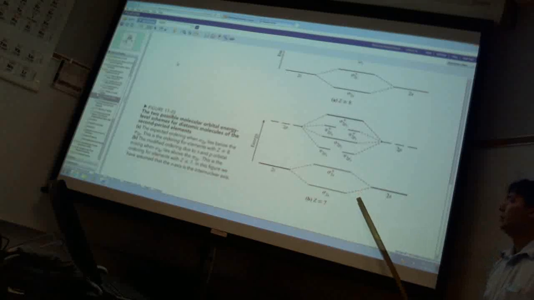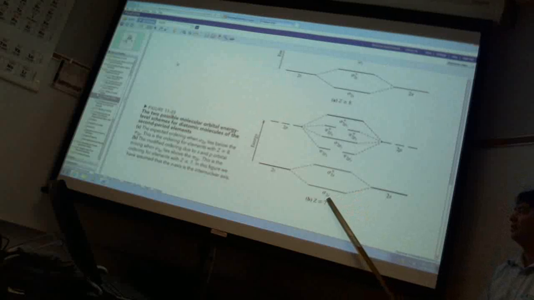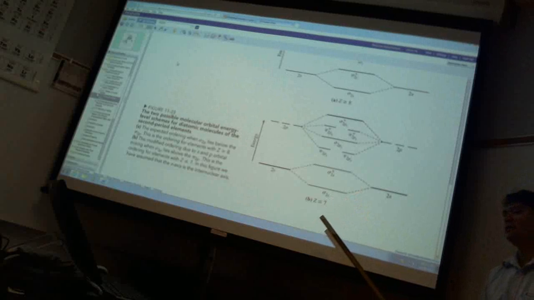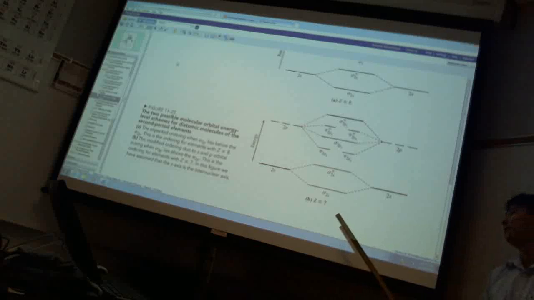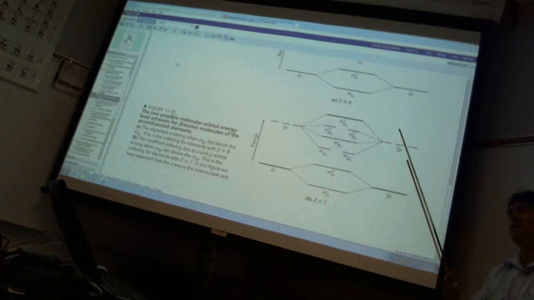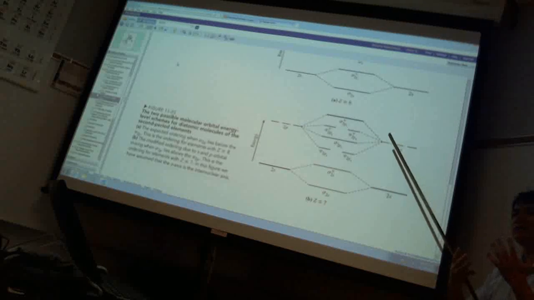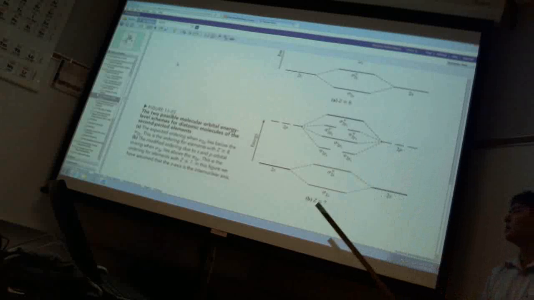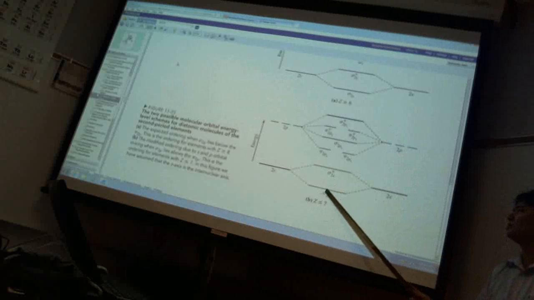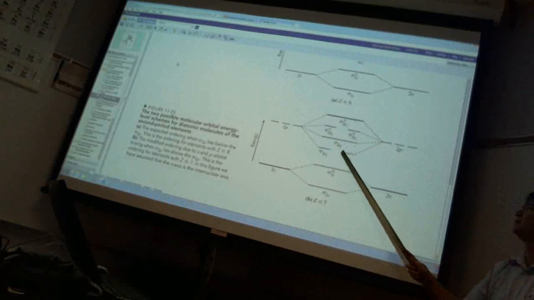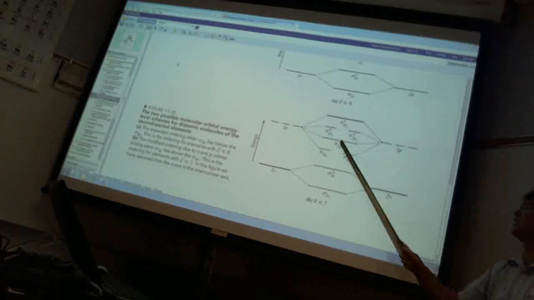Okay. Look, this will be another heteronuclear one. Cyanide is a lot easier because both carbon and nitrogen are less than 8. And so we're going to use this one here. Carbon has 4, nitrogen has 5, and the negative charge adds 1. And so cyanide is going to have 10 electrons. 1, 2, 3, 4, 5, 6, 7, 8, 9, 10.